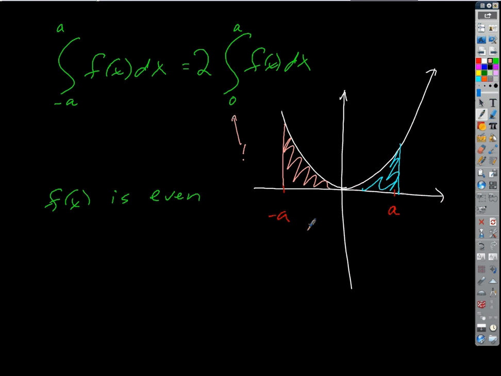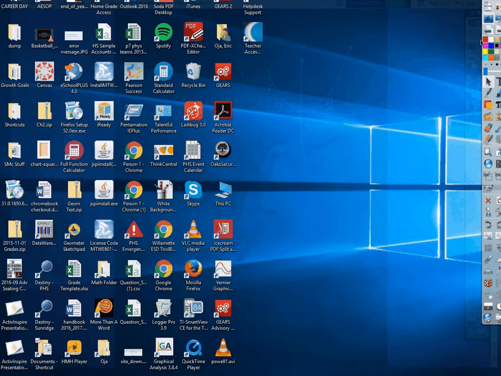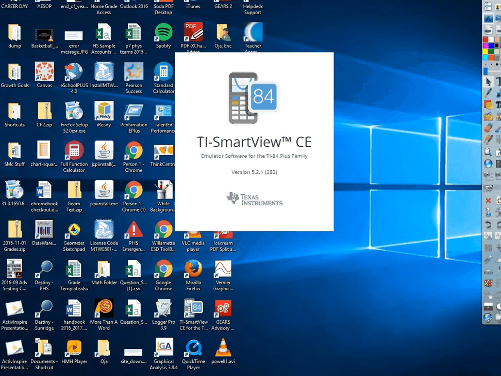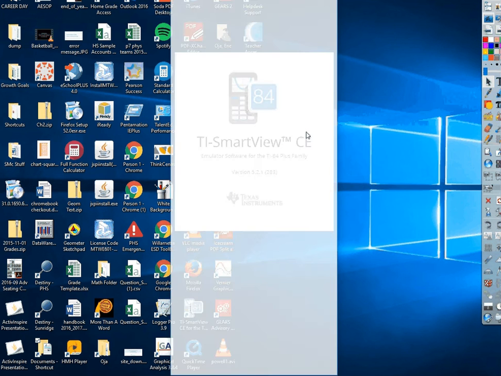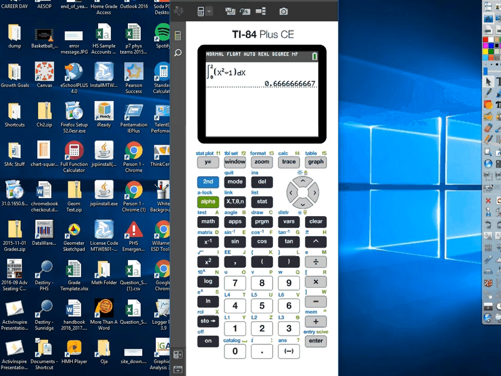All right, one other thing I want to show you is a little trick on your calculator that you should know about. I showed you how to calculate definite integrals using the graphing portion of your graphing calculator, right? You guys remember how to do that? There's a way you can do this non-graphically too.